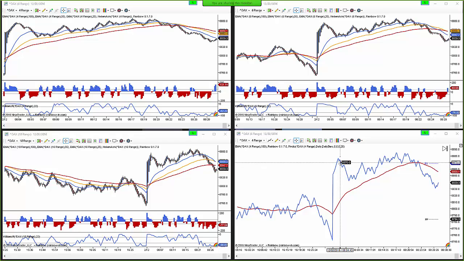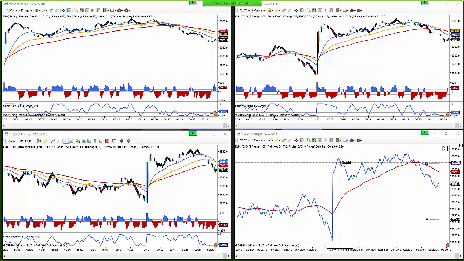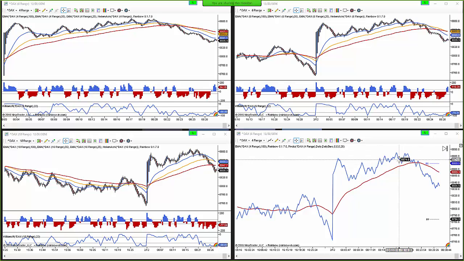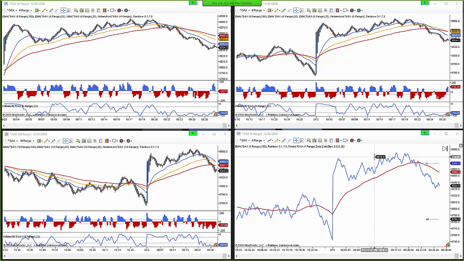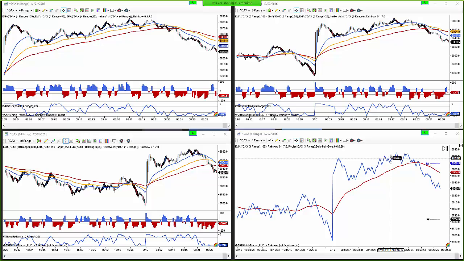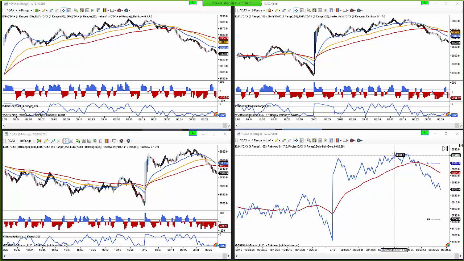But as I said earlier, I like to see one side fail at something. So in this case I wanted to see the bulls fail at these highs, which they did do. They had a few attempts to get through these highs here, and they couldn't make it.